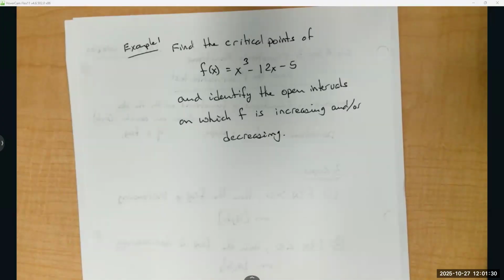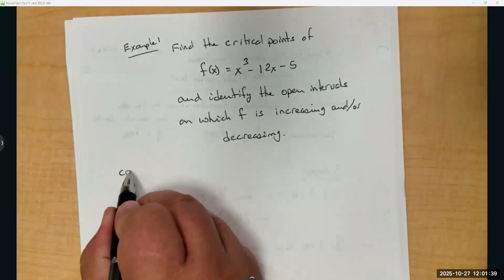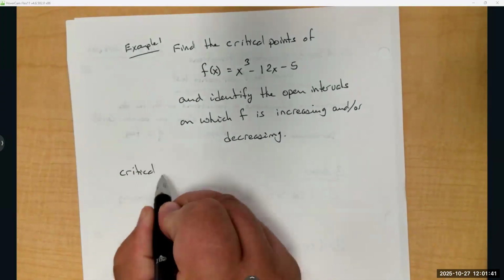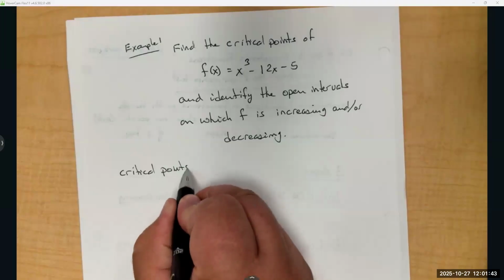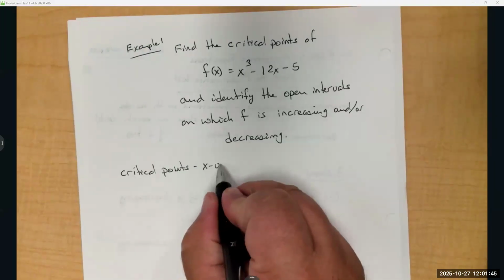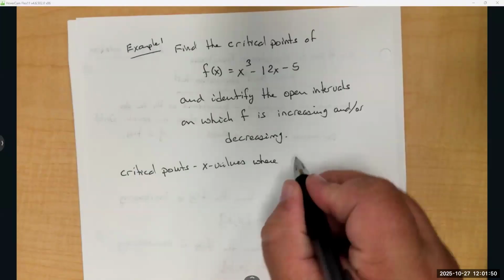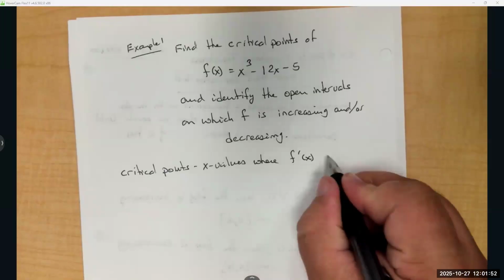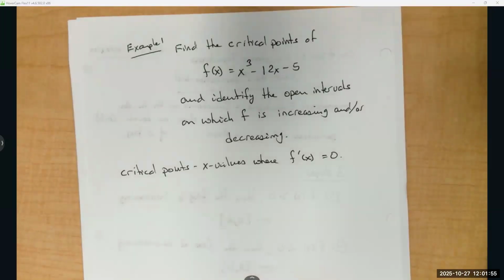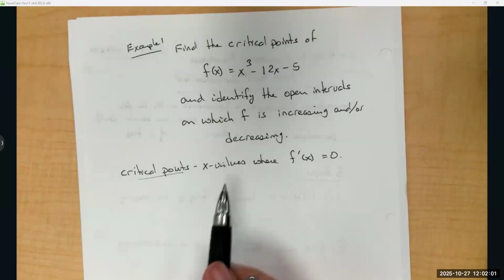Now, the critical points are the x values in which the derivative equals 0, the x values where the first derivative is equal to 0. Why are those called critical points? Because at that point, think about it.